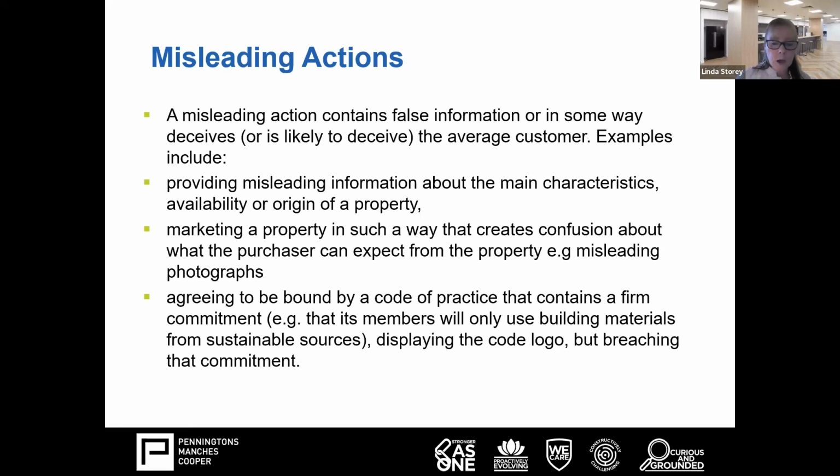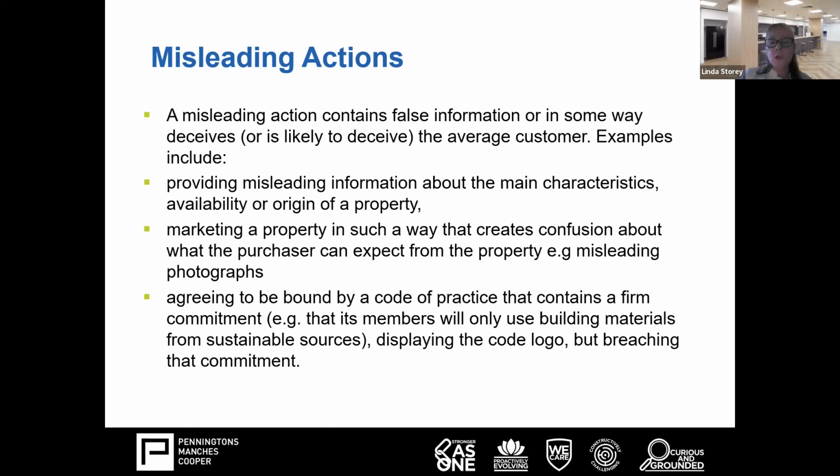And for those of you who remember way back when, before 2008, and this when the CPRs came in, when we had the Property Misdescriptions Act of 1991, this misleading actions was in essence the Property Misdescriptions Act, where misdescriptions about the characteristics of a property, is it 1 bedroom and then it turns out it's got 2, or vice versa, the origin of a property, misleading photographs, etc.